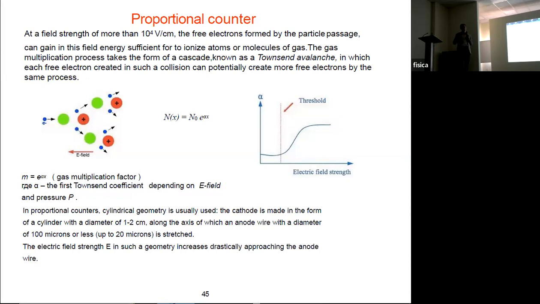If you apply parallel plate geometry, you will have to significantly increase the voltage, I think up to even 200 kilovolts, and such a high electric field will give you a continuous discharge. That's why physicists came up with a simple idea to use cylindrical geometry.